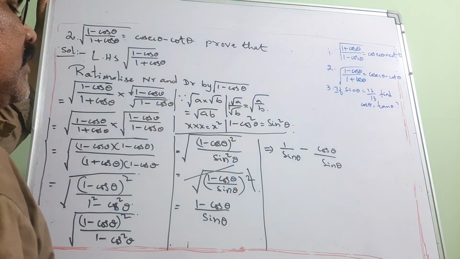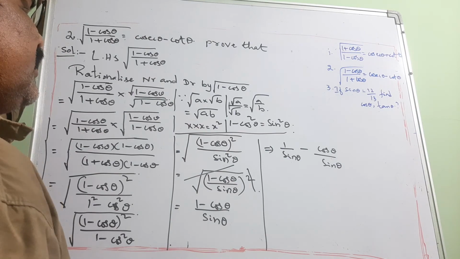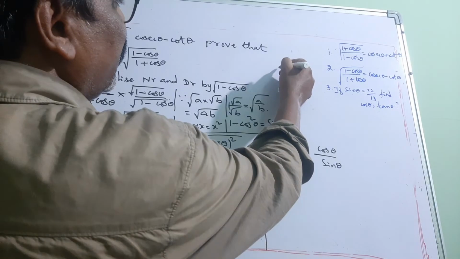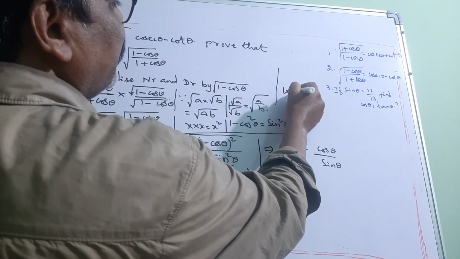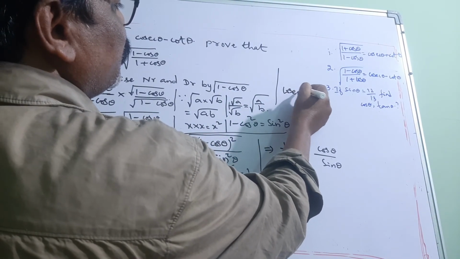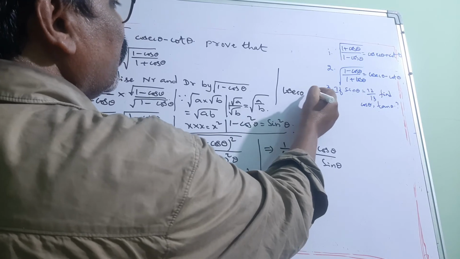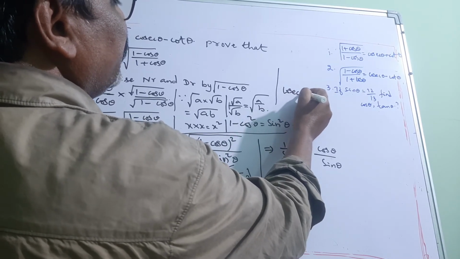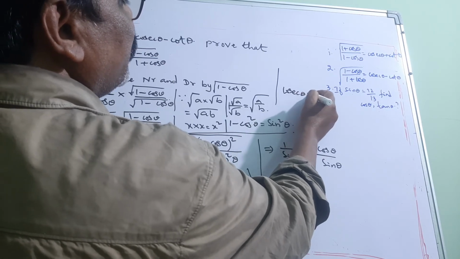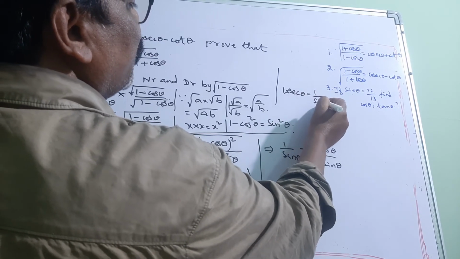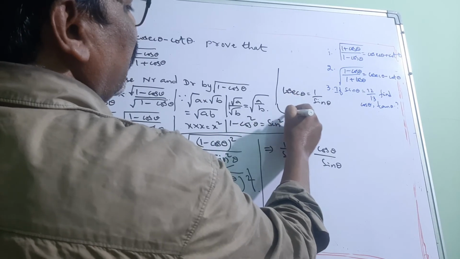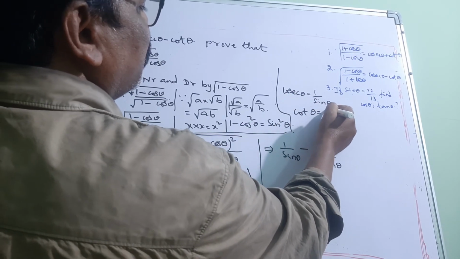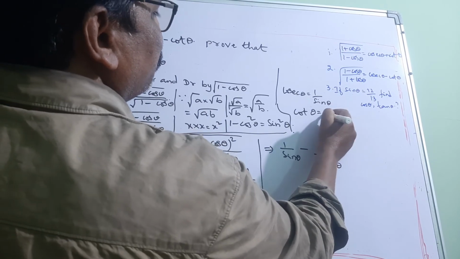We know the formula, cosecant theta is the reciprocal, 1 by sine theta, and cot theta is cos theta by sine theta.